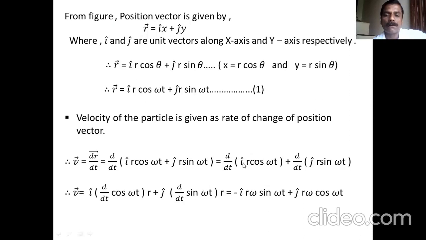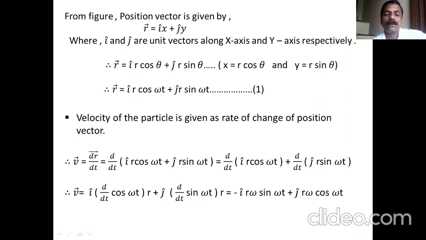For the first term you will find the constants are taken outside. So i cap and r are the two constants which are taken outside, and the remaining factor is d by dt of cos omega t, written in the bracket. Similarly in the second term, j cap and r are taken as constants, and the derivative of sin omega t is written here in the bracket.